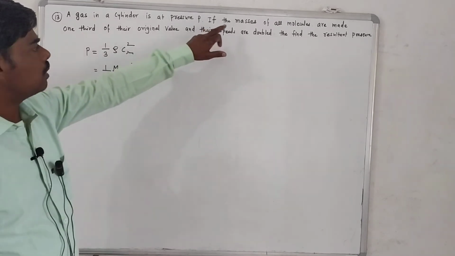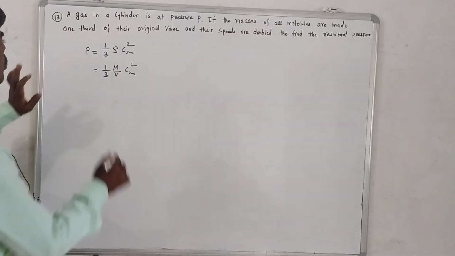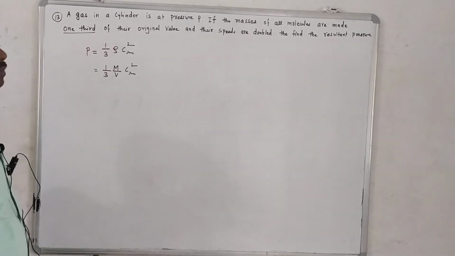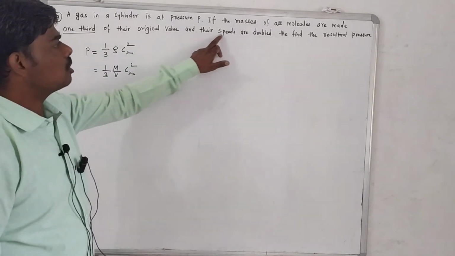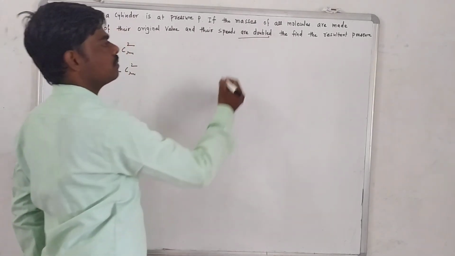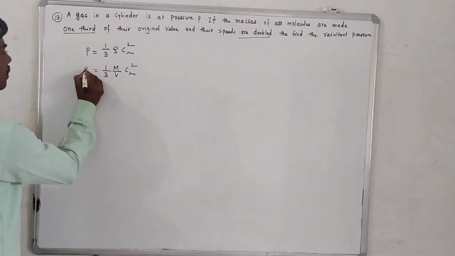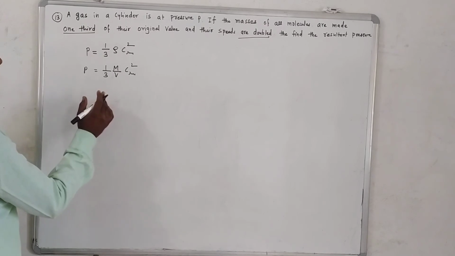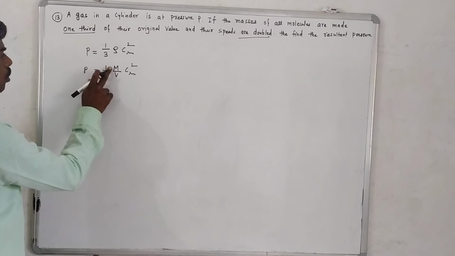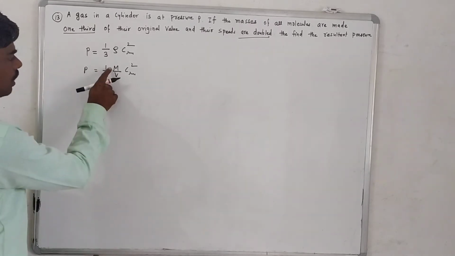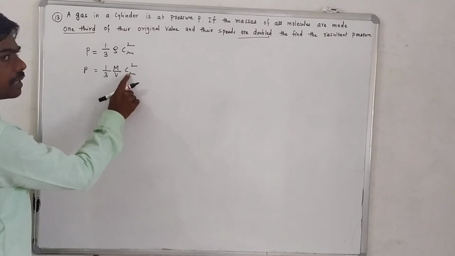In this problem the masses of all molecules are made 1/3, which means mass is changed, and their speeds are doubled. That means the condition is changed. So I will represent two conditions. The pressure depends on only two parameters: the mass of the molecules and the RMS velocity.